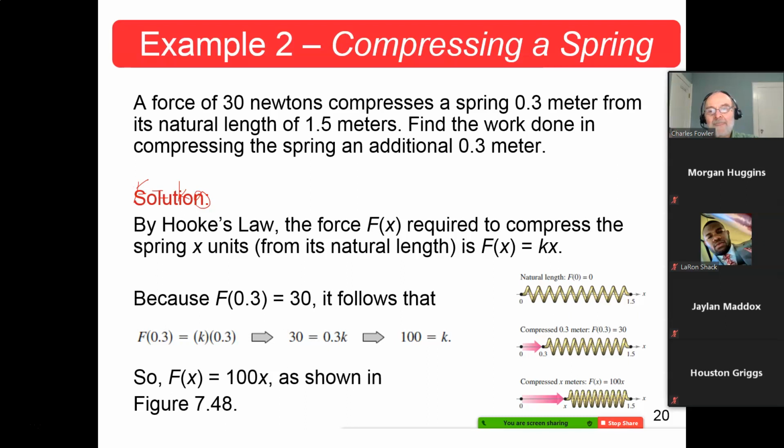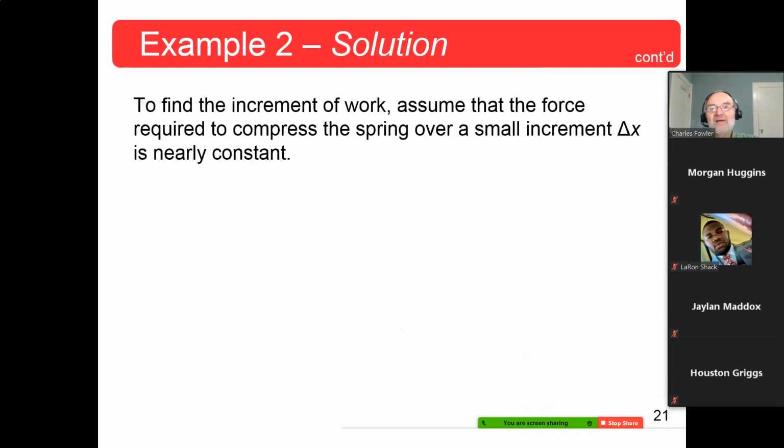And here's that figure I was showing you. So for F of x equal to 100x, because 100 was your k, now we know the formula, but now we're going to compress from 0.3 to 0.6 meters. To get the increment of work, assume that the force required to compress the spring over the small incremental distance, delta x, is nearly constant.